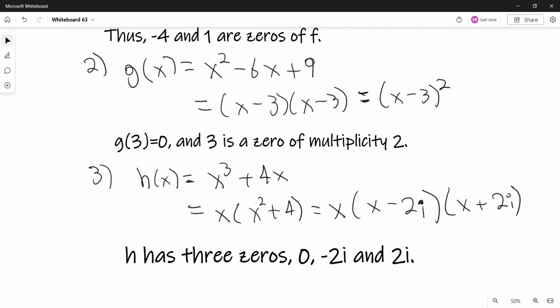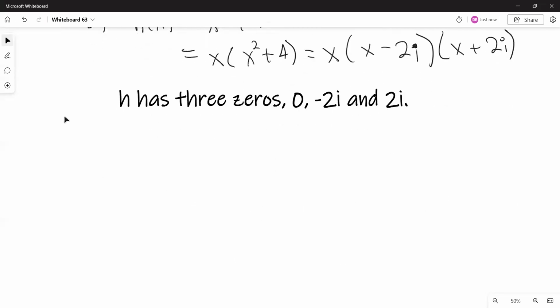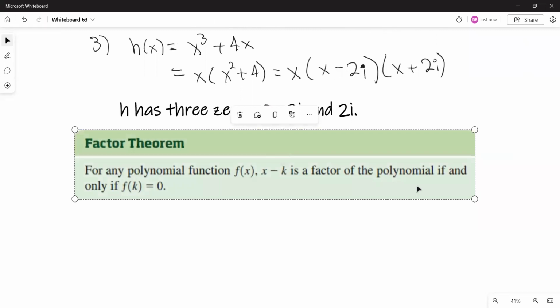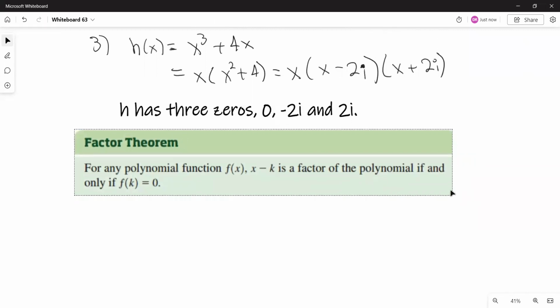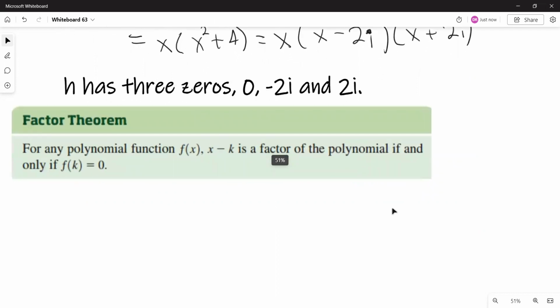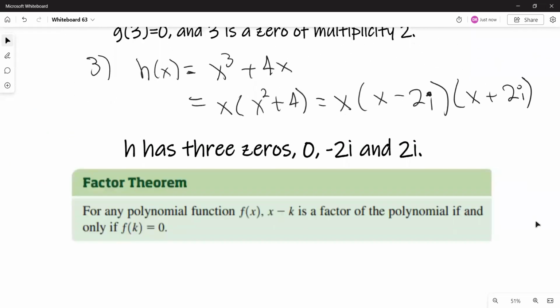In the book, this section starts with the factor theorem. On page 327, the factor theorem says that for any polynomial function, f of x, x minus k is a factor of the polynomial if and only if f of k is equal to 0.